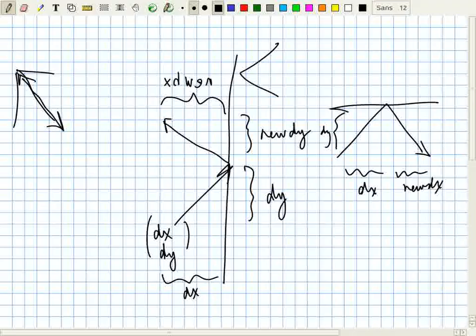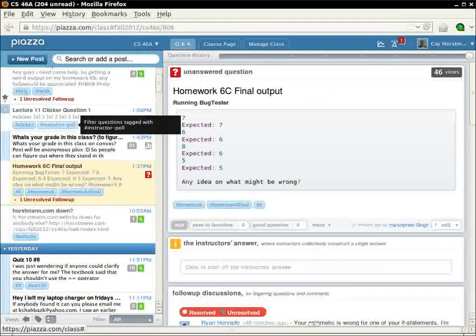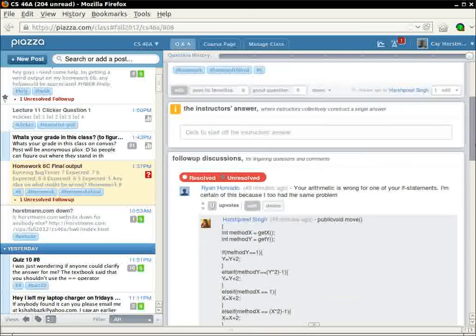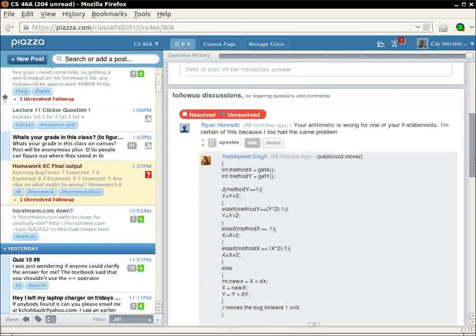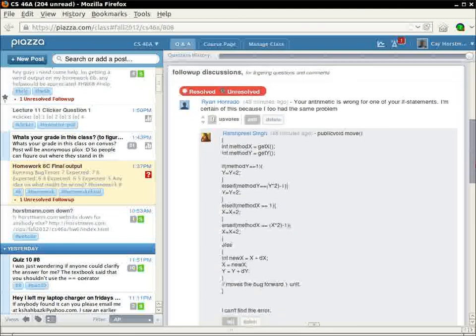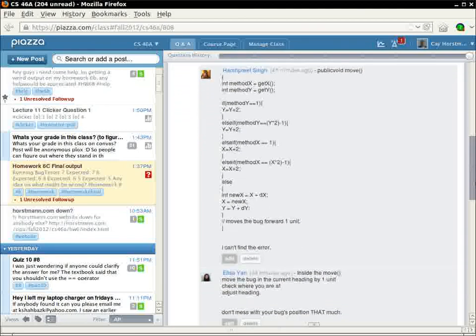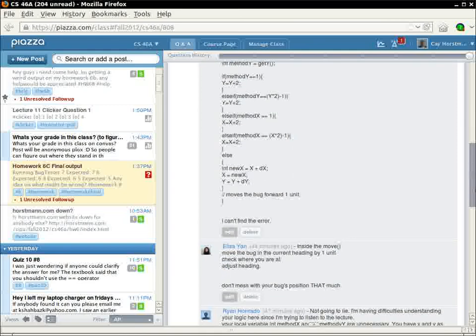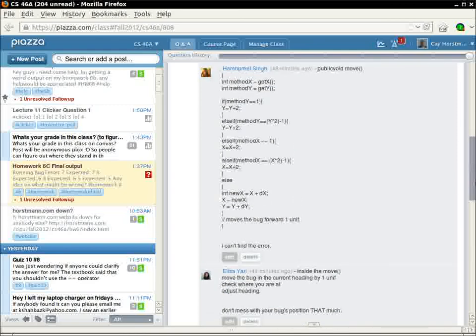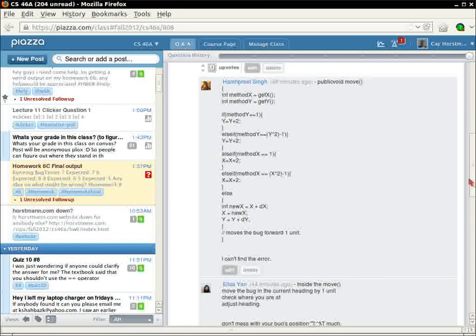So let's see, go back to what the Piazza thing here says. Well, okay, nothing in here looks even familiar. Okay, but this is actually great.